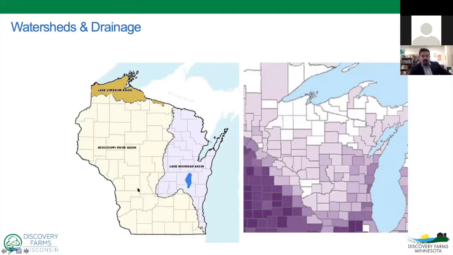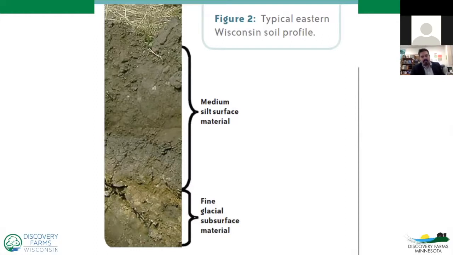So the western two thirds of Wisconsin, water flows into the Gulf of Mexico, the Mississippi River basin, and then the eastern side flows to Lake Michigan. So the water quality issues there affect lake water quality. That's going to focus some on nitrogen, but primarily phosphorus. While on the western side of the state, Mississippi River basin, Gulf of Mexico, we're generally concerned about nitrogen. So it's this confluence of all these things stacking up on each other that puts a lot of pressure on it.